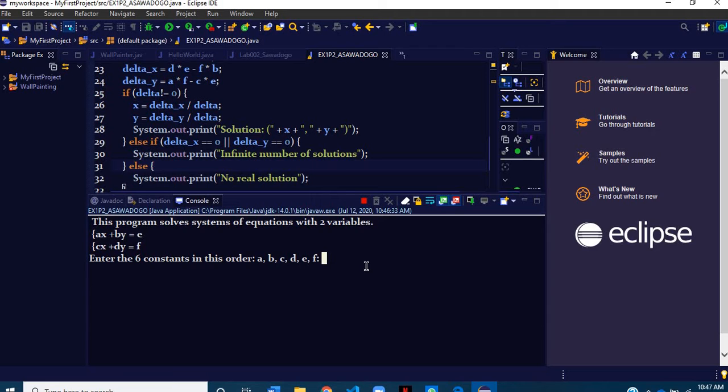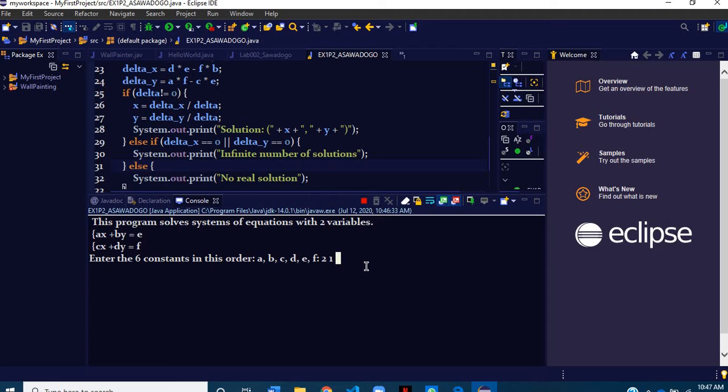So 2x, x being -1, so 2. B would be 1, so 2 times -1 plus 2 has to be equal to 0.